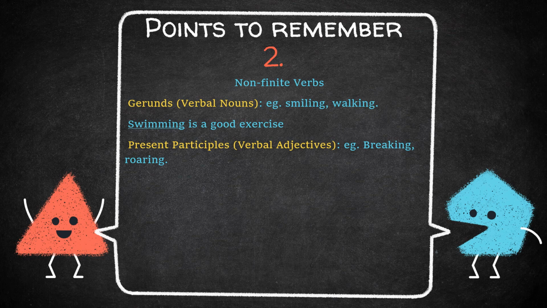That is, here it is the verb which is doing the work of an adjective. For example, thinking fast, he ran to the train station.